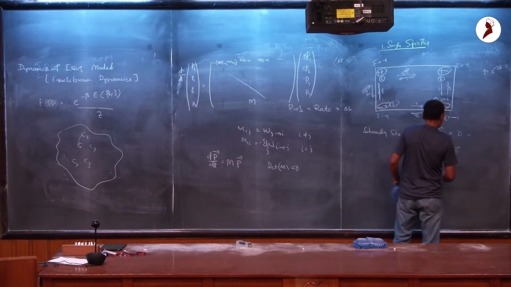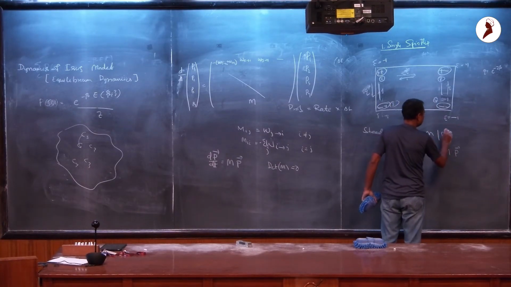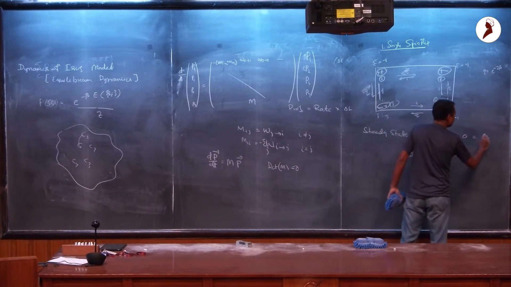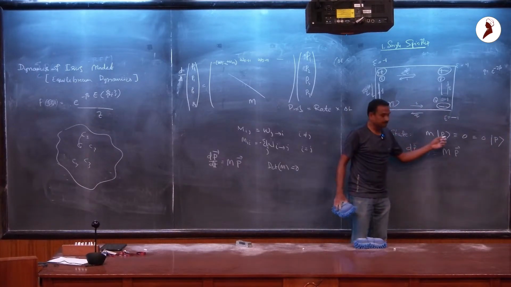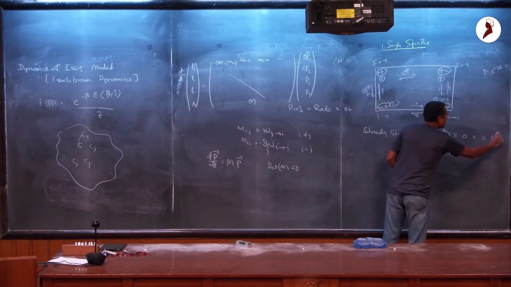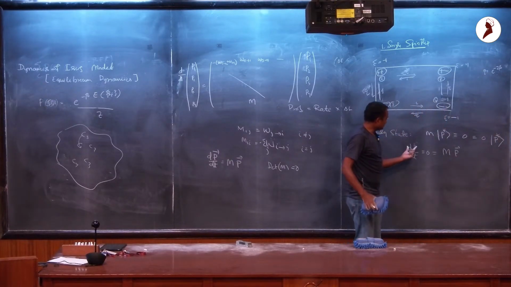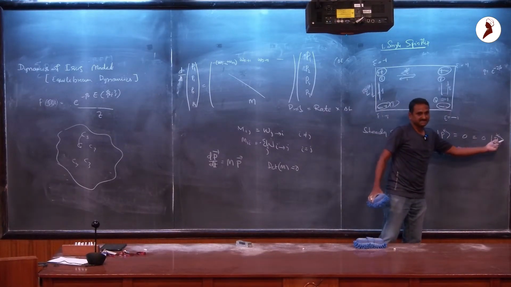So I'll write it in matrix notation: M times P equals 0 times P. If there is a steady state, represented by P star, then M P star equals 0 times P star.